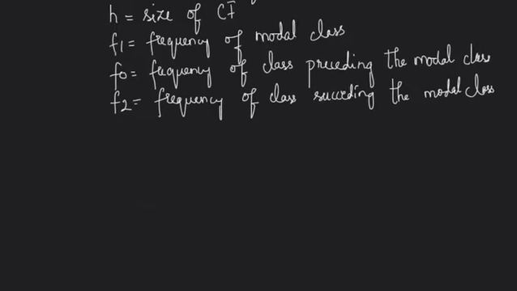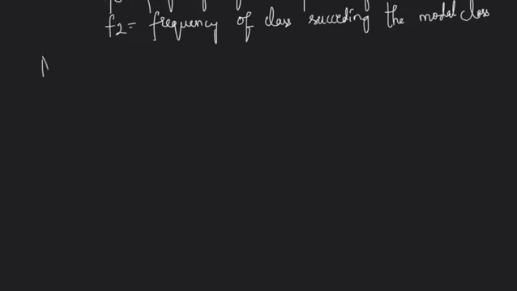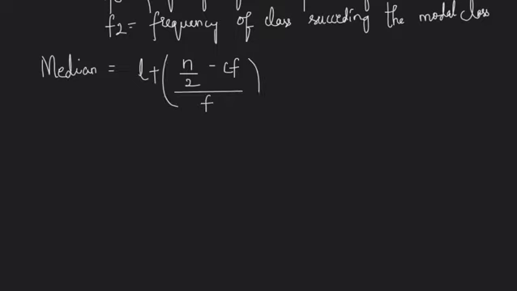So the median formula is given by median equals L plus (n by 2 minus Cf) divided by f, and this whole thing must be multiplied by h. Again here L is the lower limit of the median class. In the mode it was the lower limit of the modal class.